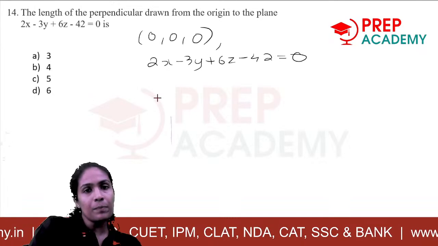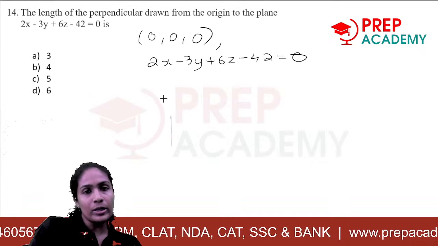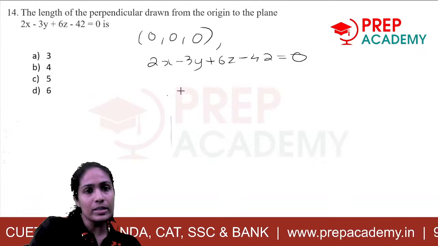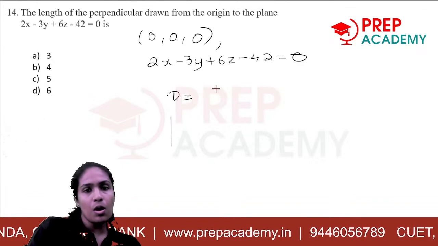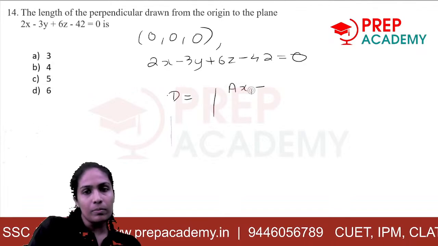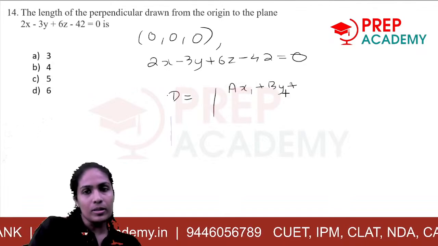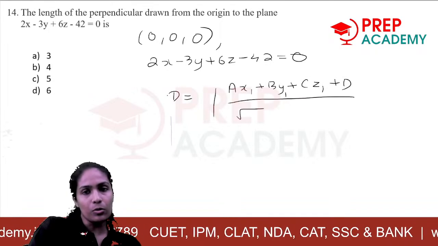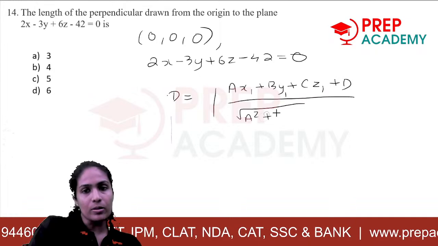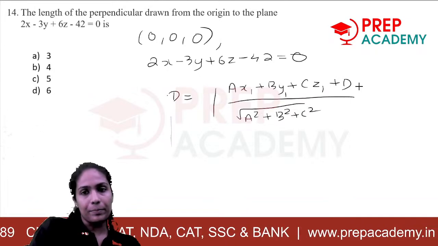So the distance of a perpendicular drawn from a point is given by distance is equal to modulus of ax1 plus by1 plus cz1 plus d by root of a square plus b square plus c square.